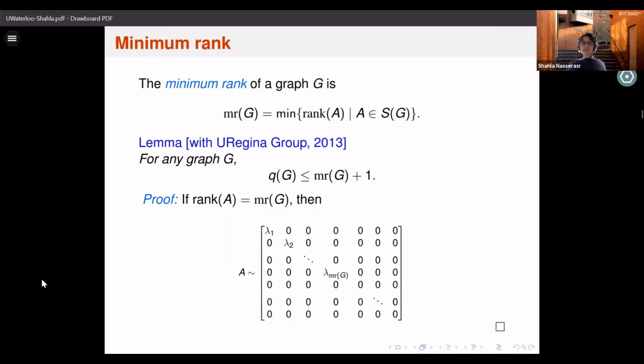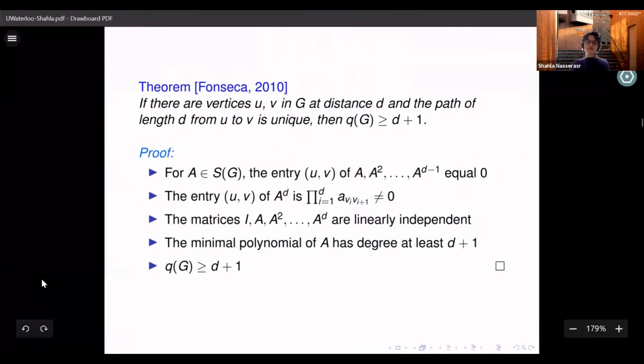And since we are looking at distinctness, the maximum number of distinct eigenvalues that we can have in this matrix is minimum rank plus 1, 1 for 0. And because q is the minimum of all those, q is going to be at most minimum rank plus 1. So that's an upper bound for q.